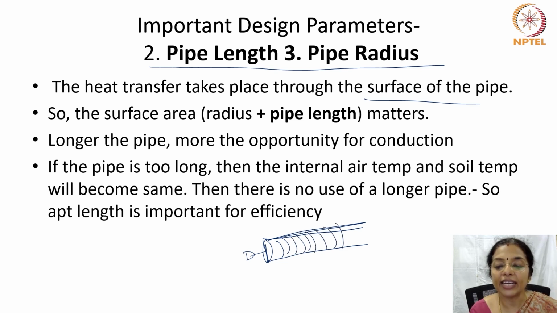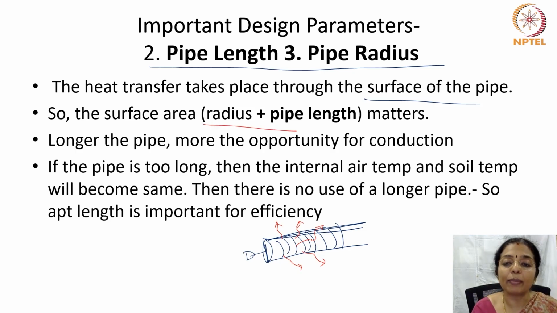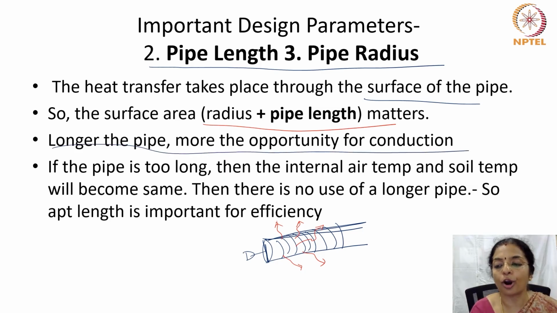And heat transfer takes place because of the contact of soil on this surface, and therefore the radius and pipe length matter a lot. Longer the pipe, more the opportunity for conduction, because there is more contact of soil. But if the pipe is too long, then the internal air temperature and soil temperature will become the same. Then there is no use of a longer pipe.